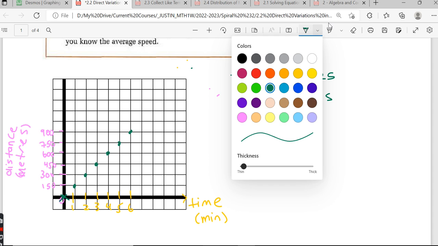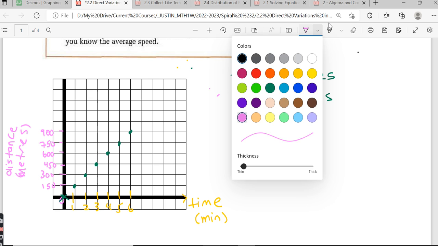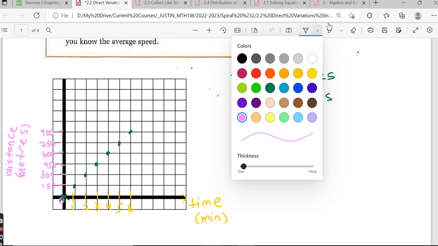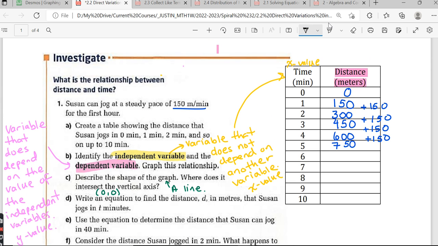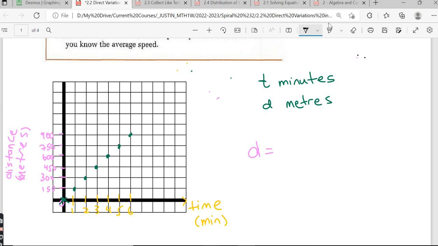Well, based on what we have above, we know that the distance traveled, which is our dependent variable, is equal to our rate, which was how fast were we traveling? At a pace of 150 meters per minute, right? So we're traveling at 150 meters per minute.